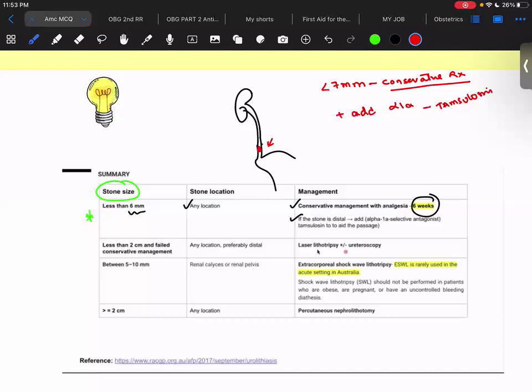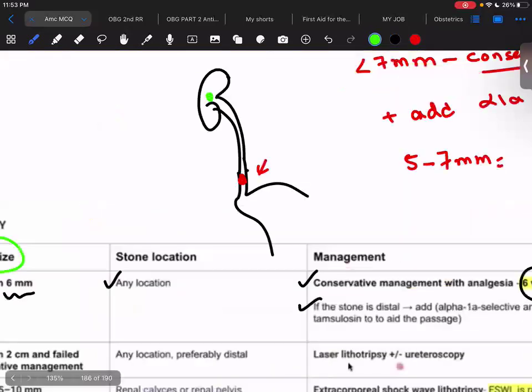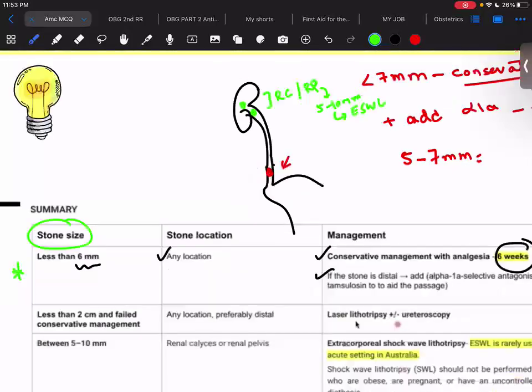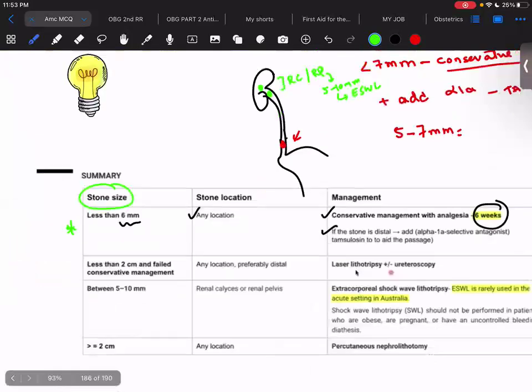Then if there is any stone with the size of 5 to 7 mm, located in the renal calyces or renal pelvis, and the size is 5 to 10 mm, that is an indication for the usage of ESWL, that is extracorporeal shockwave lithotripsy.